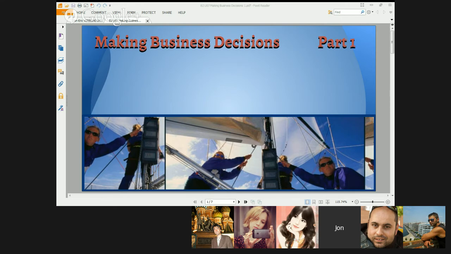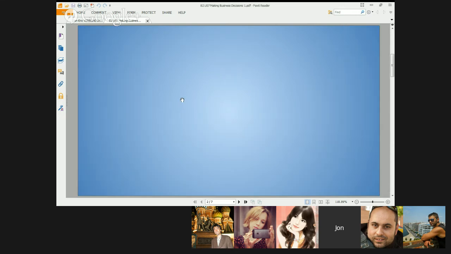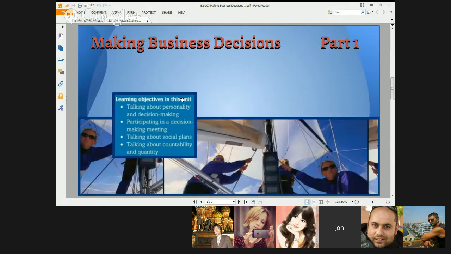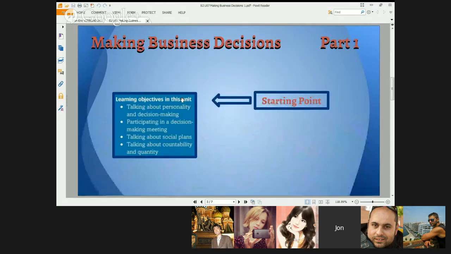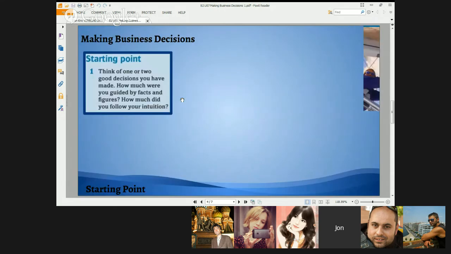What we're going to do now is take some of these ideas and see how they fit with the topic of making business decisions. Okay, so what I'm going to do is turn the presentation. Today we're going to be talking very much in general. Maybe we'll get into a little bit about personality and decision making, what kind of personality leads to different kinds of decisions.